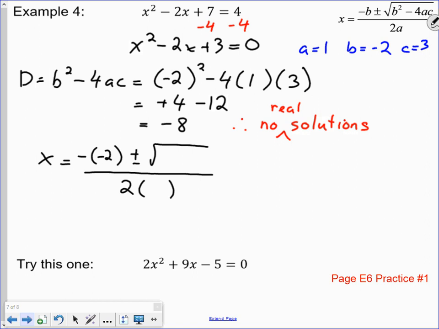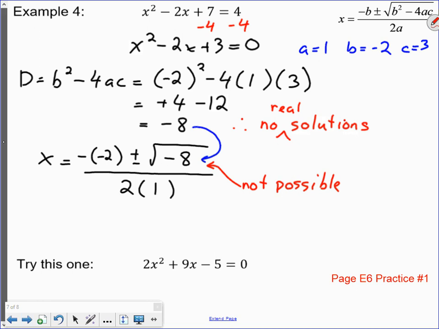Our b is negative 2, our a is 1. We've got the root of negative 8 there, subbing d in under that square root sign. This is not possible. If you type this into your calculator, you will get a math error. Okay, so we have no real solutions.